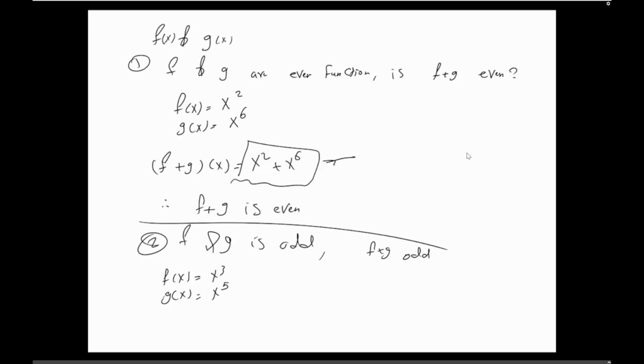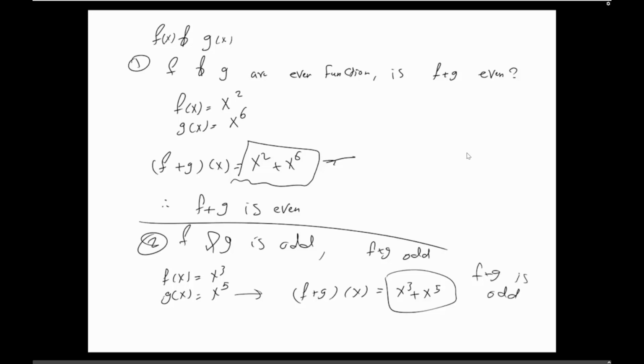And if we write f plus g of x, then we're gonna get something like that. We could also get another example, and you will always see that f plus g is odd.